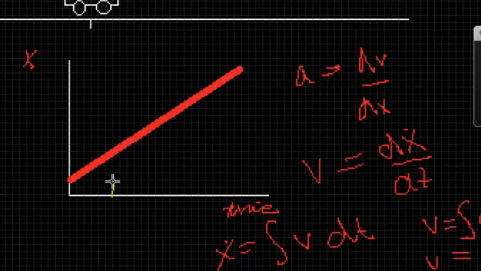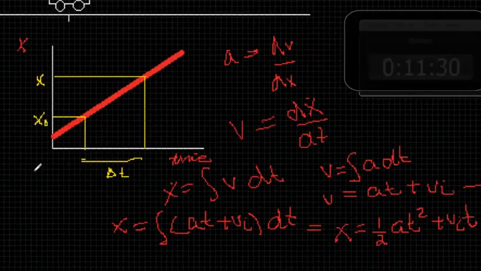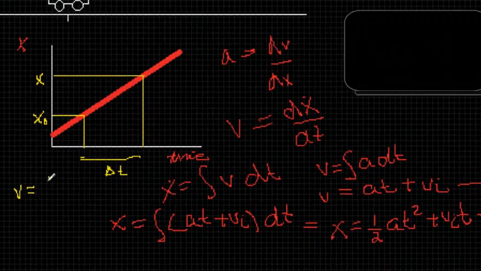If we start to observe here, and we stop observing here, this here would be the change in time. And if we look here, and here, this reading on the x-axis would be the initial distance. This would be the final distance, which means that speed equals the change in distance over the change in time.